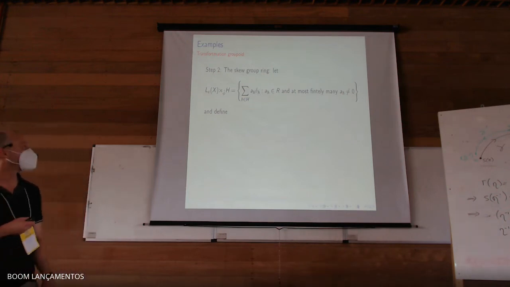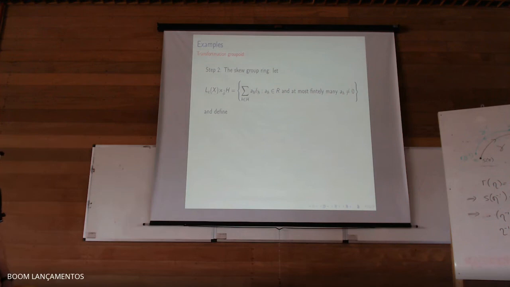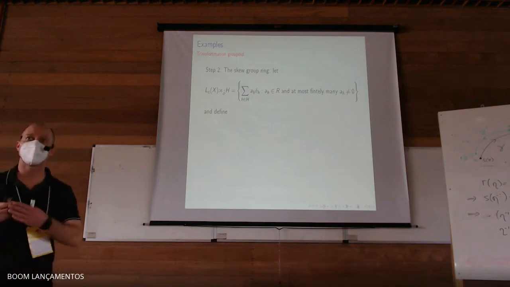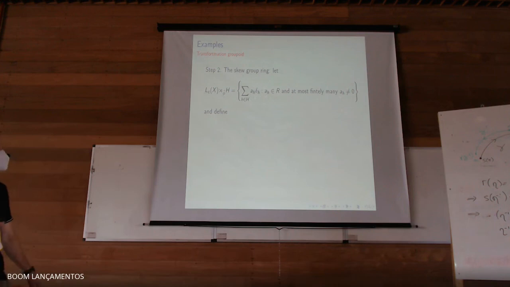There's another view where you can view it as functions from the group into the ring, but let's just suppose the delta H plays the role of a placeholder indicated by the index of the group. These are coefficients, and we require that at most finitely many of these are non-zero, right? We don't want to deal with infinite sums. So the way we turn this into an R algebra is by defining addition.